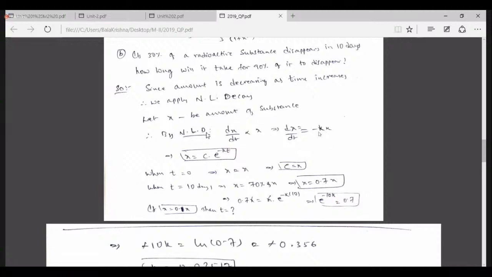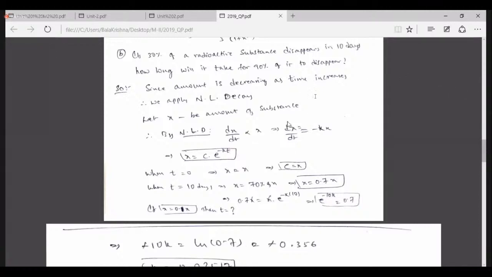By Newton's law of growth or decay, the rate of change in the amount of the substance with respect to time is directly proportional to the amount present in it. When you simplify, because as time increases, amount is decreasing, you should go for proportionality constant as minus k, that is decay problem. So when you simplify this one, you can directly write like this, x is equal to c into e power minus kt.